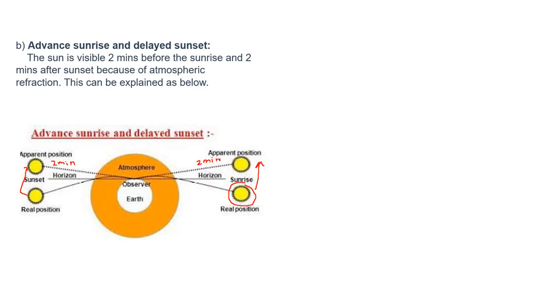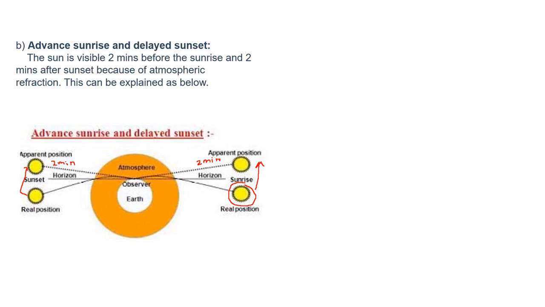So here, children, we have done the dispersion of light, and the rainbow is the phenomenon which is formed due to the dispersion of light. Then twinkling of stars, advanced sunrise and delayed sunset, and the apparent position of the stars have changed.